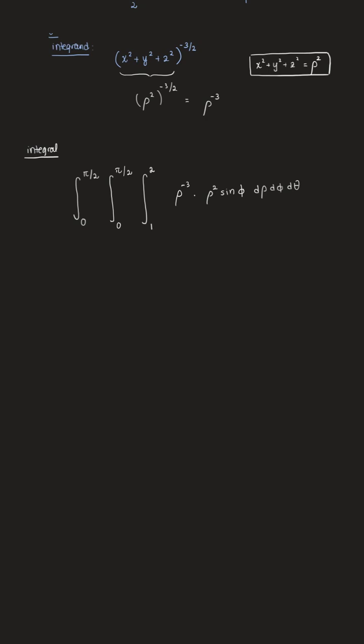I'm going to go from the inside integral out, and let's say our inner integral is with respect to rho. I'm going to factor out sine phi, and we have the integral from 1 to 2 of, these two rhos give me a rho to the negative 1, or 1 over rho, d rho. The antiderivative of 1 over rho is the natural log of rho.